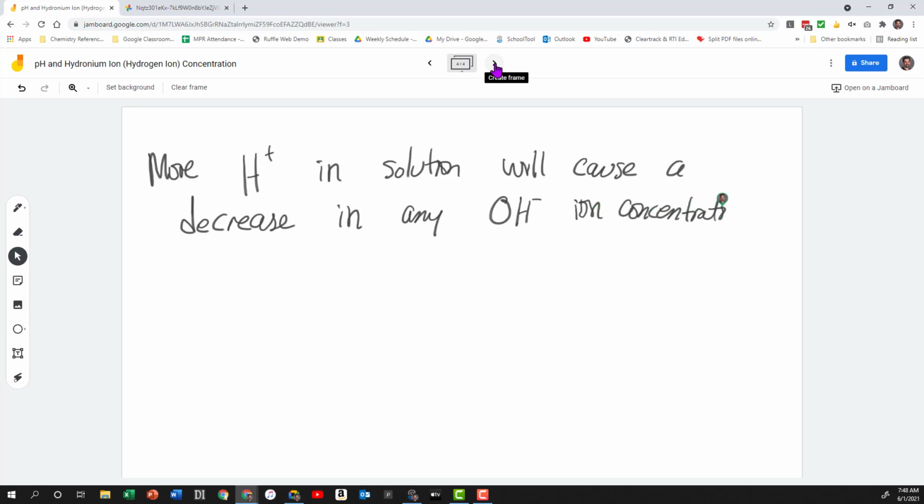Why might that be? That's because H plus ions plus OH minus ions react very readily to make H2O. So if there's any OH minus ions in the water, they're going to be decreased because H plus ions are going to attach to them and make water.